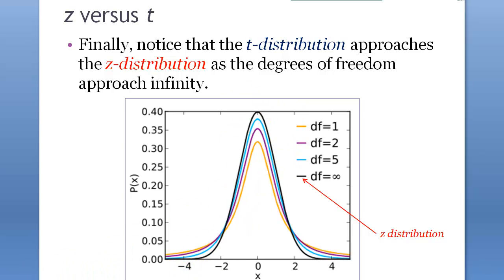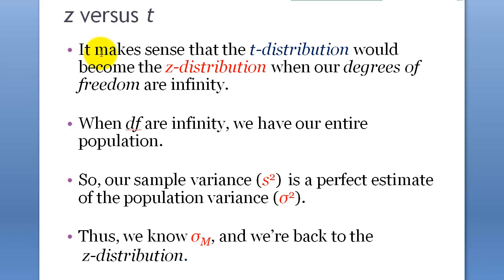And okay, this is the summary. It makes sense that the t distribution would become the z distribution when our degrees of freedom are infinity. That's what I was just talking about. When degrees of freedom are infinity, we have our entire population. So our sample variance is a perfect estimate of the population variance. We think we're using a sample variance, but we're actually using the population variance.